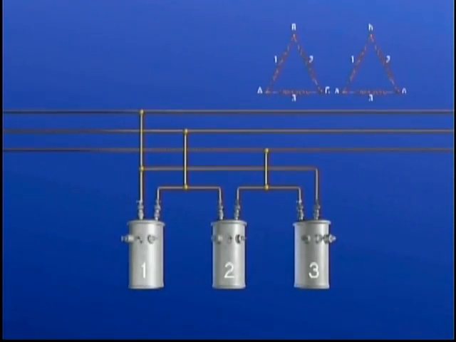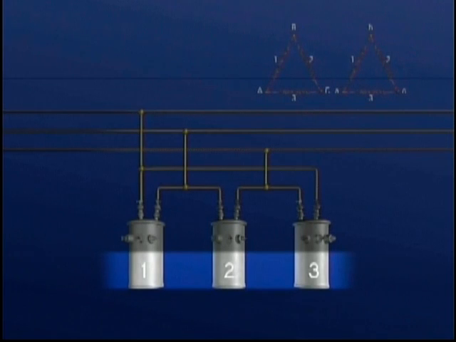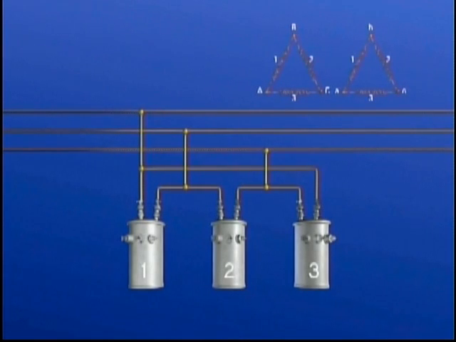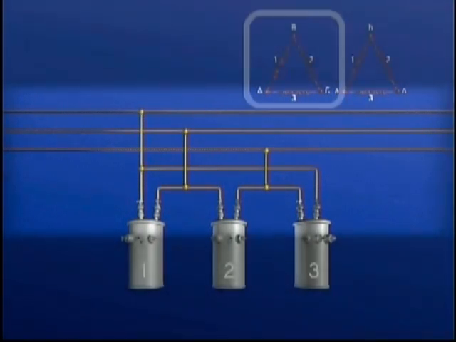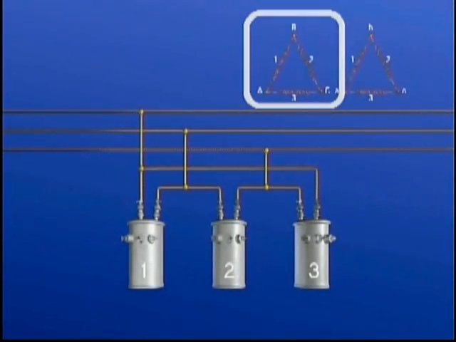We'll again use this simplified diagram of a three-phase transformer bank to demonstrate how this connection is made. To make our explanation easier to follow, we've numbered the transformers and their windings 1 through 3 as before. The primary windings in this transformer bank have already been connected in a delta configuration according to the primary phasor diagram.